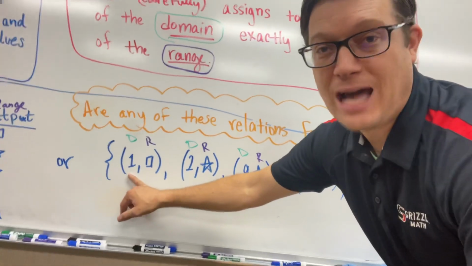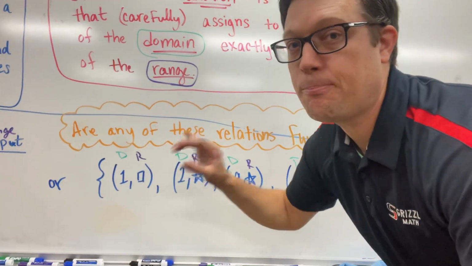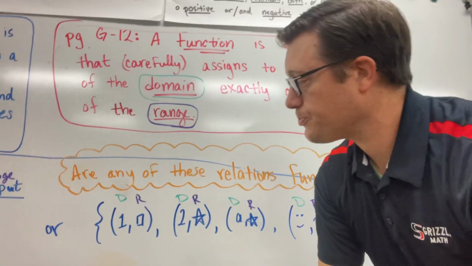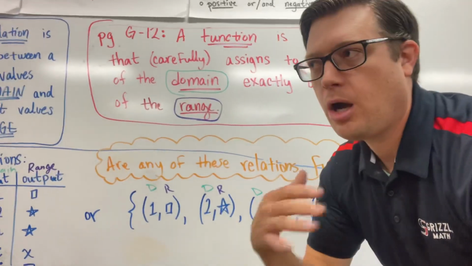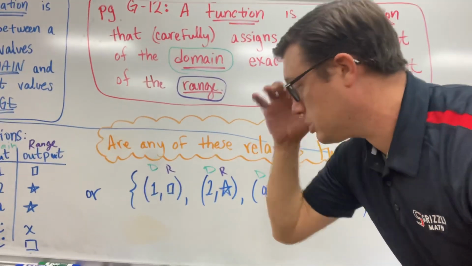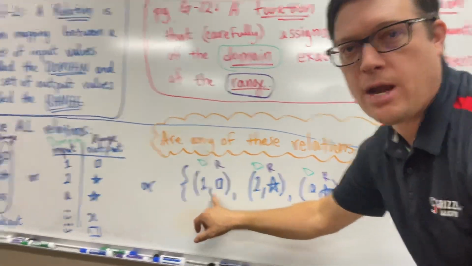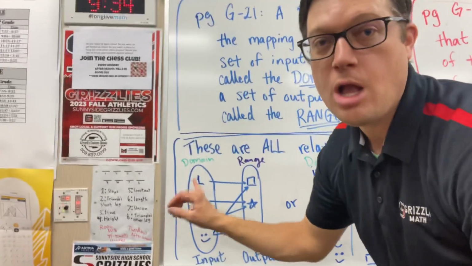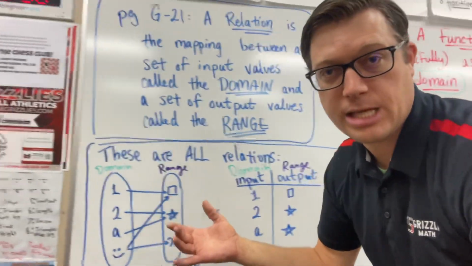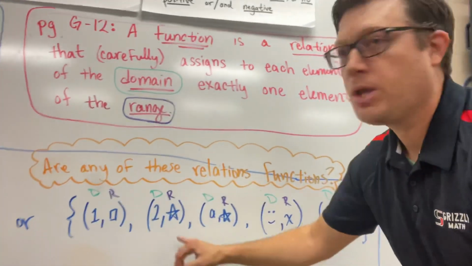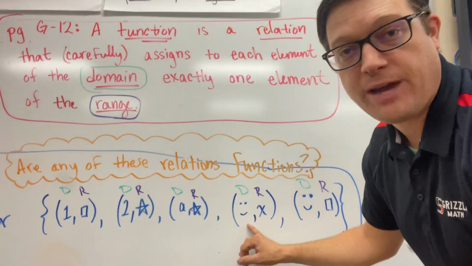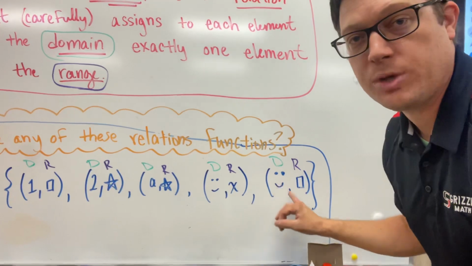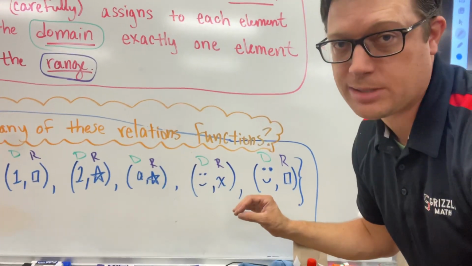Inside these are the coordinates, if you will, where we show the connected values, inputs connected to outputs. So like 1 and square, that's just like over here, the 1 and the square were mapped together. If we keep going, the 2 and the star, the A and the star, the smiley face with X and the smiley face with square have to be written twice.